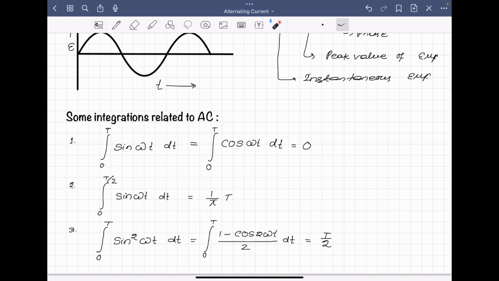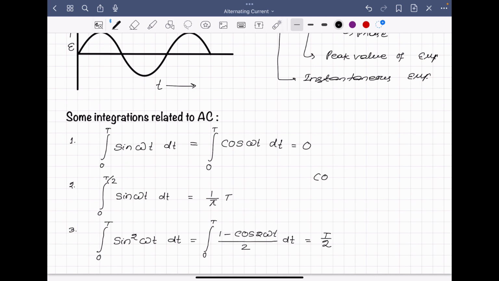You can do this. And for a complete cycle, if you integrate sin square omega t, as you know, sin square omega t can be written as 1 minus cos 2 omega t by 2. From where did we get this formula?